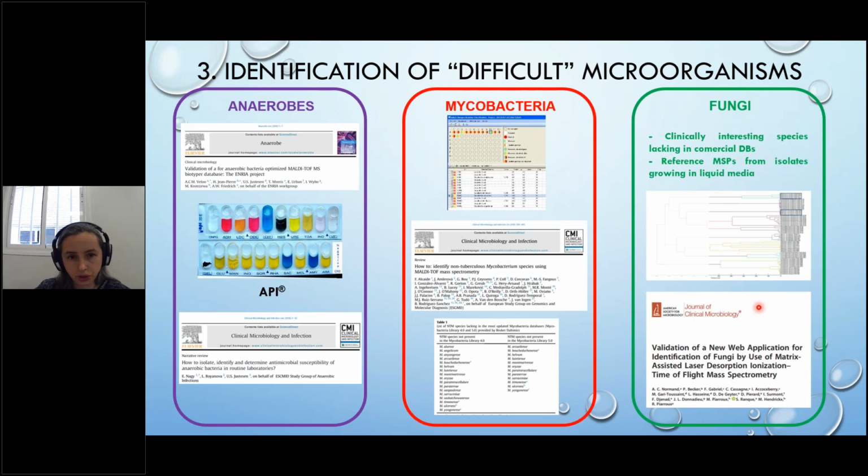I want to show you here this web application that the group of Dr. Hendrickx and Dr. Normand launched a couple of years ago. At least in Spain, many laboratories use it because it's very easy to upload your protein spectra and compare them with their online database, and get back the identification.